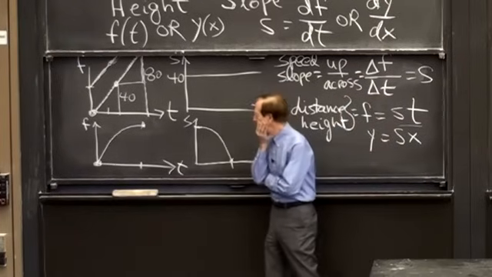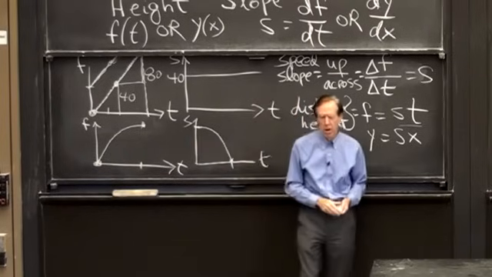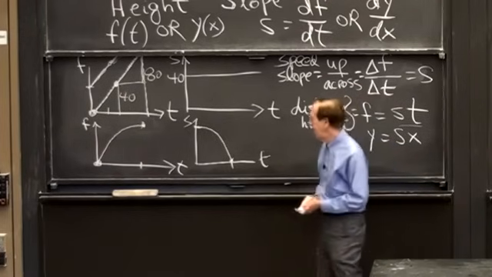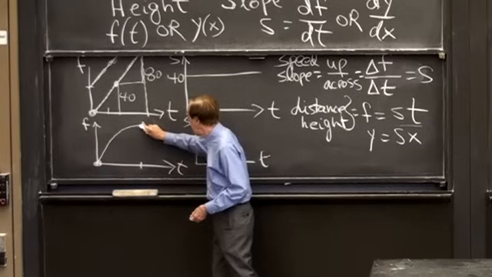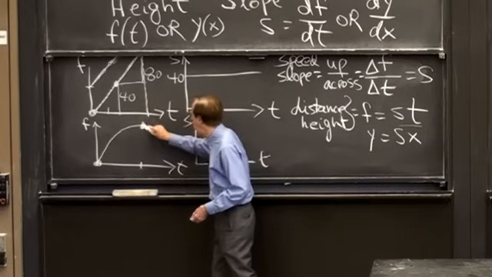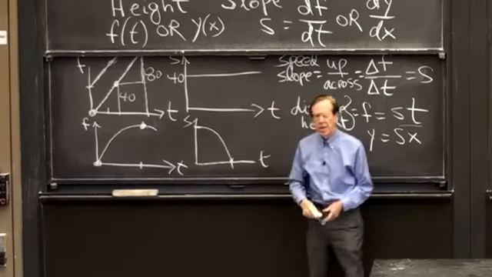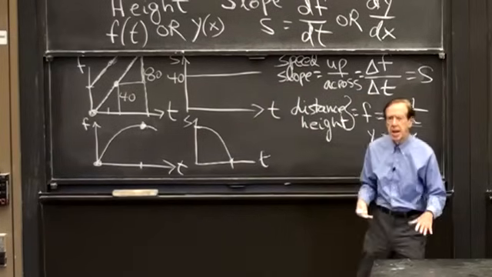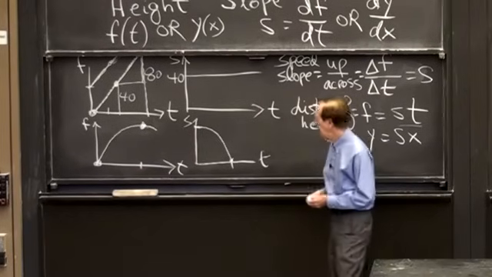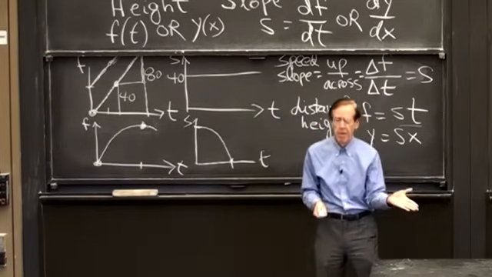Now, here's a question. Let me continue that curve a little longer. I got it to the red light. Now imagine that the distance starts going down from that point. What's happening? The distance is decreasing. The car is going backwards. It's going in reverse. The speed, what's the speed? Negative.